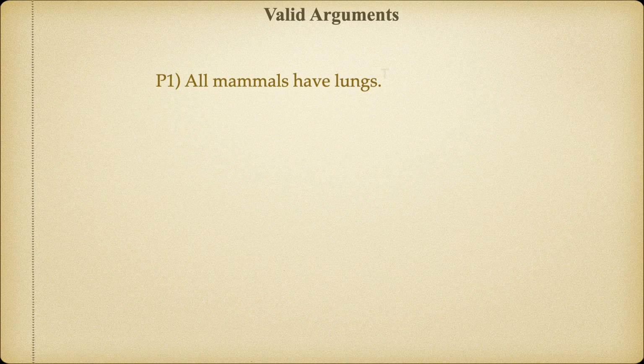In this syllogism, as we'll find out is true of all syllogisms, we have two premises and one conclusion. The first premise tells us that all mammals have lungs, which happens in this case to be true. The second premise tells us that all dogs are mammals, which also happens to be true.